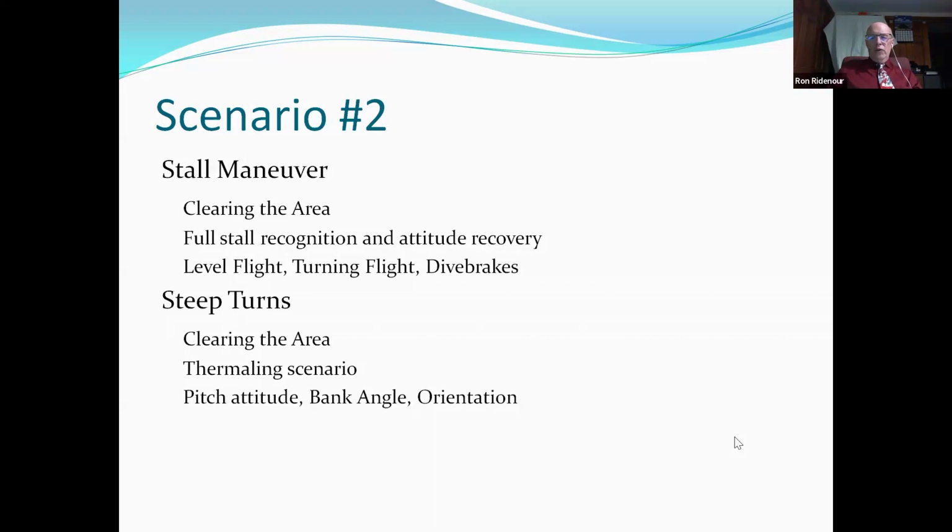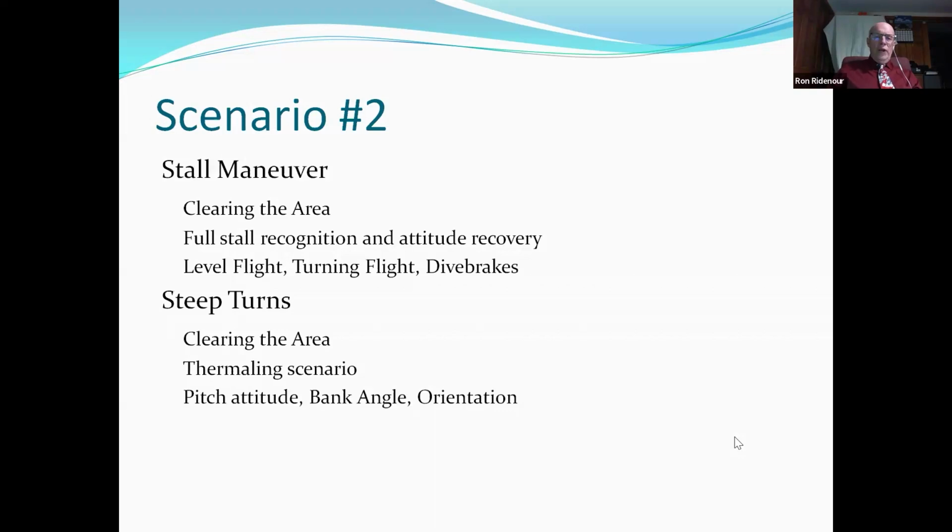If you stall the glider down close to the ground, you need to be able to recognize that situation coming ahead of time before the stall ever occurs, which is another reason that we practice recognition of stalls before we practice the recoveries as well.